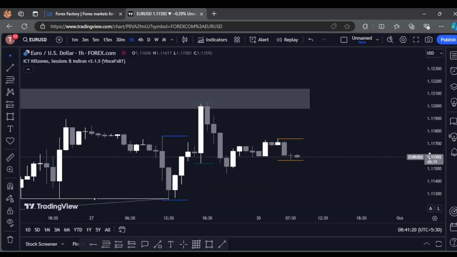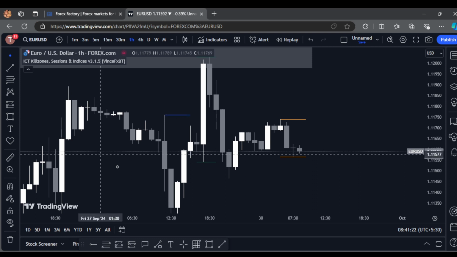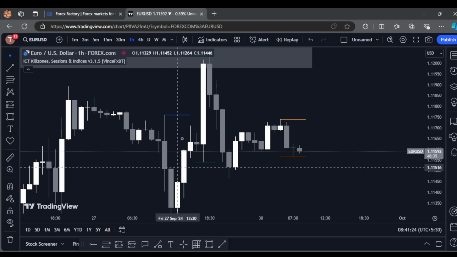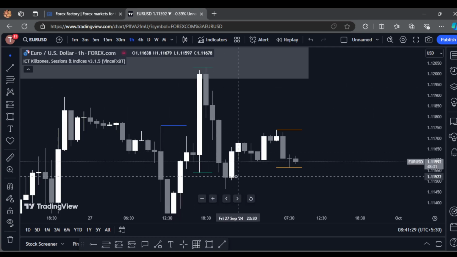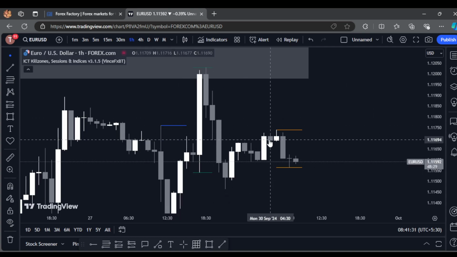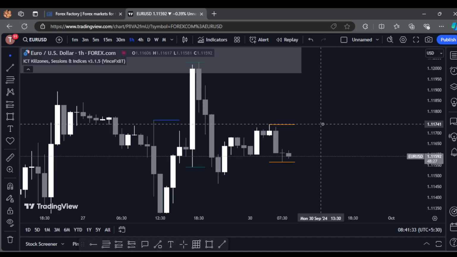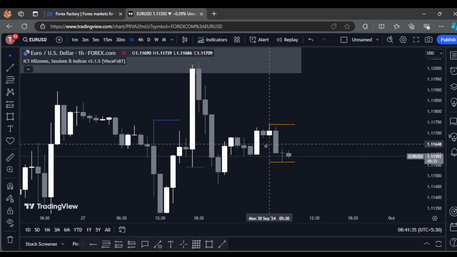Moving into the 1 hour, what we can see is that the price had responded from this FVG and moved into the further upside direction, and currently we moved into the downward direction, kind of having this FVG disrespected by the market.